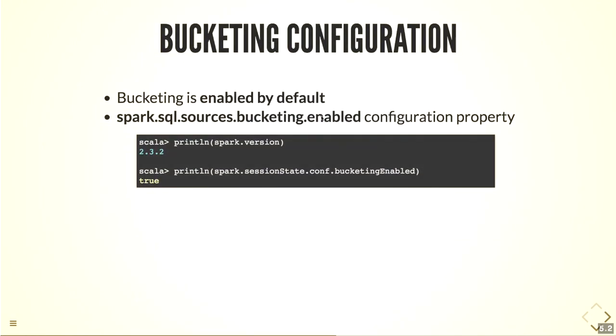Okay, so bucketing configuration. The great news is that bucketing is enabled by default, unlike cost-based optimization. So we have it already available. Now we need to use it. It's also controlled by the spark.sql.sources.bucketing.enabled configuration property, okay? It's enabled by default, so you don't have to worry about it.